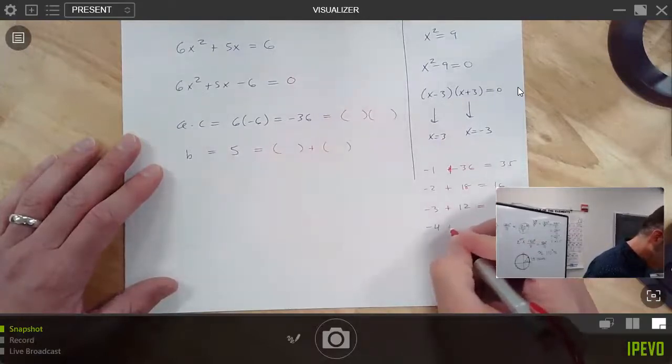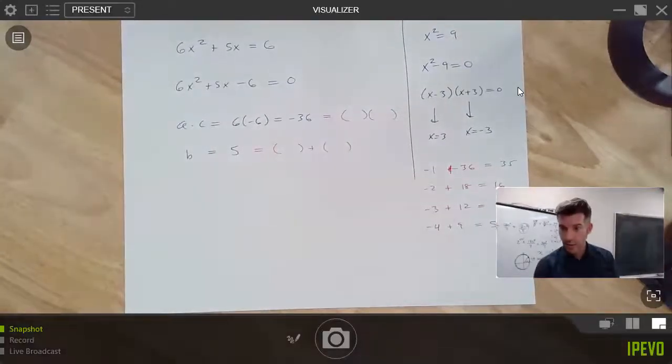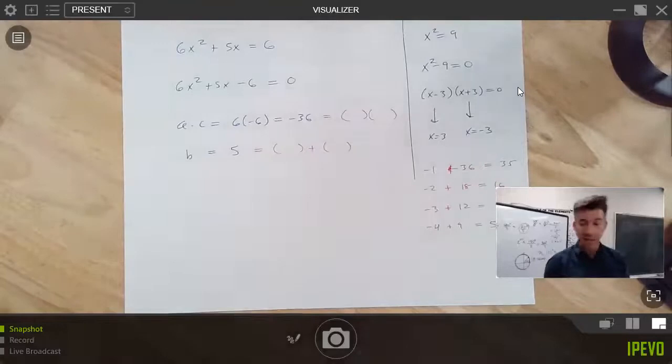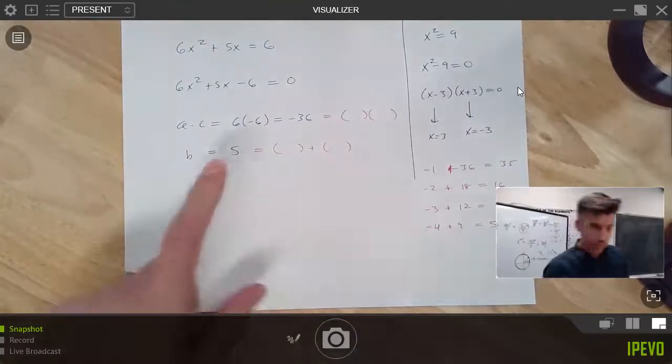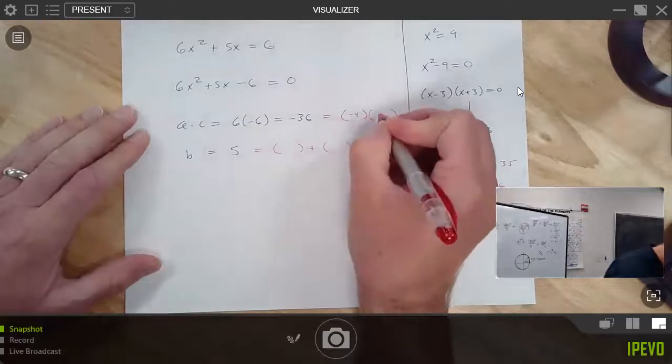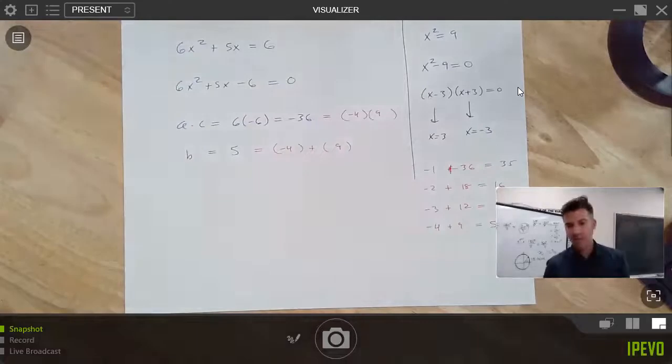Negative 4 and 9, that adds up to 5. Oh, there we go. Negative 4 and 9. So I'm just listing the things that multiply to negative 36 and seeing if they add up to what I need them to add up to. And that's the process I've been using this whole time. It's just most of them were easier to see than this one.